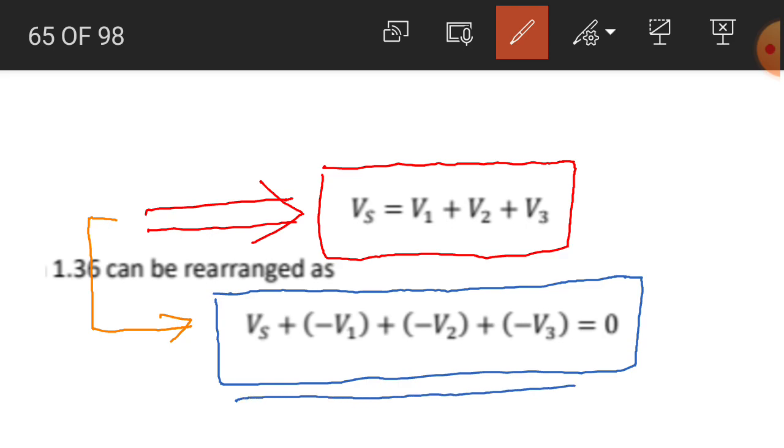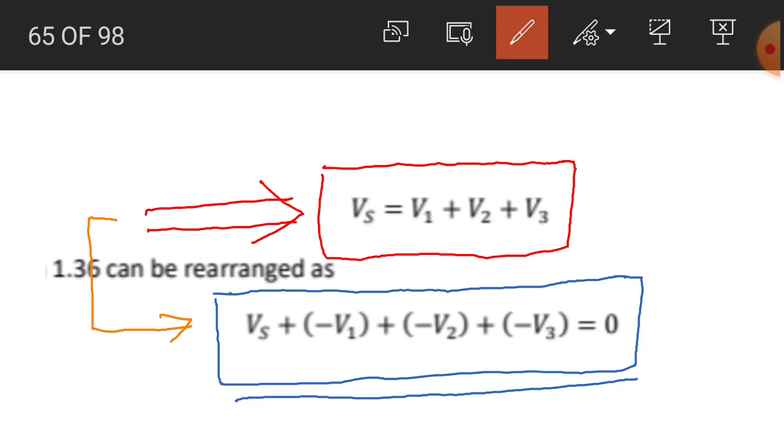And this equation states that the algebraic sum of all the voltages in a loop is always equal to 0. This is another statement of KVL. What is another statement of KVL? That the algebraic sum of all the voltages in a loop is always equal to 0.